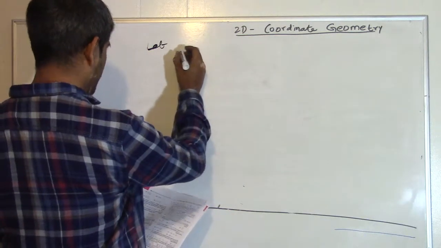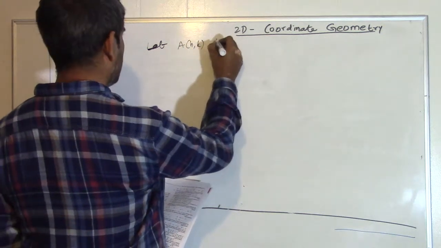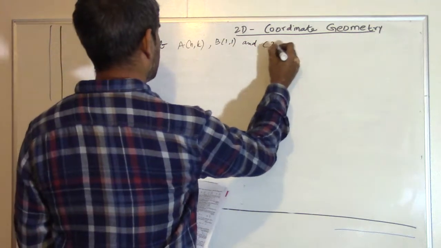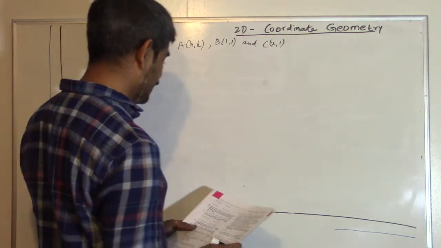Let A be (h, k), B (1, 1) and C (2, 1) be the vertices of a right angle triangle.